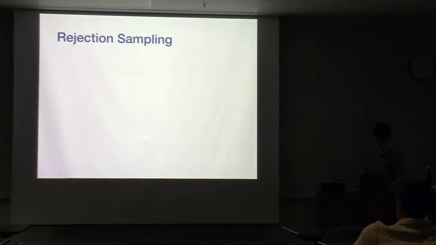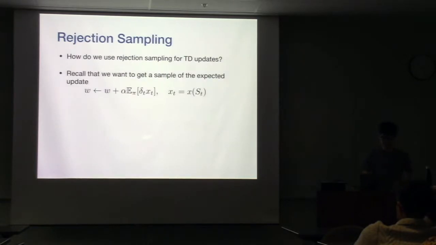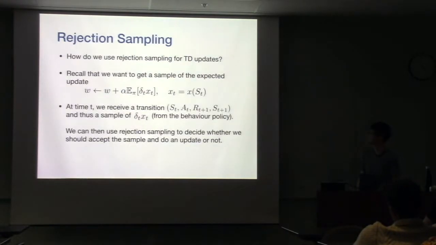OK, so how do we use rejection sampling for TD updates? Recall that we want to sample from this expectation. At time t, we receive this transition st, at, rt plus 1, st plus 1. And from this, we can compute a sample of delta t xt.